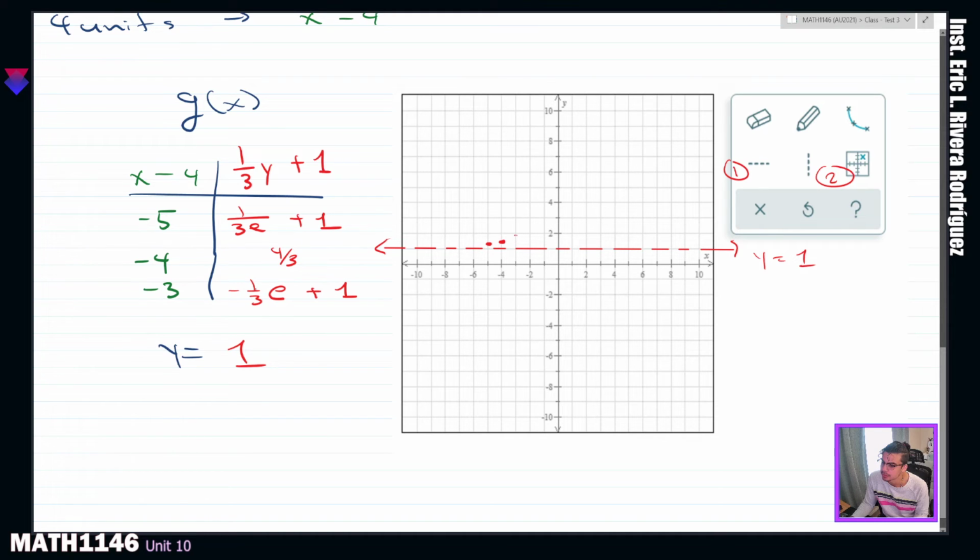Let me verify that these numbers are correct. E divided by 3, plus 1. Let me double check these numbers just to make sure that they are correct.